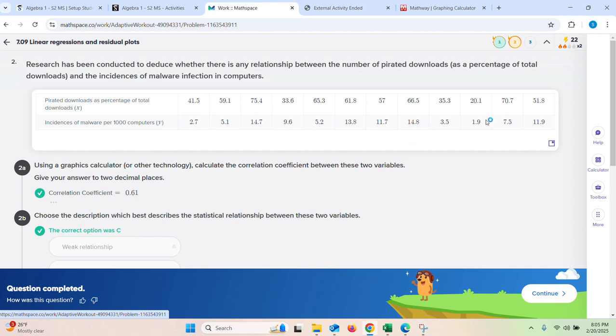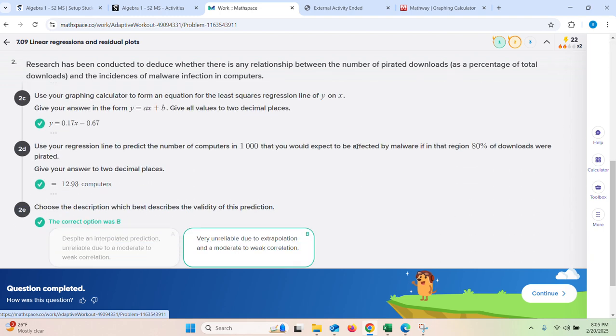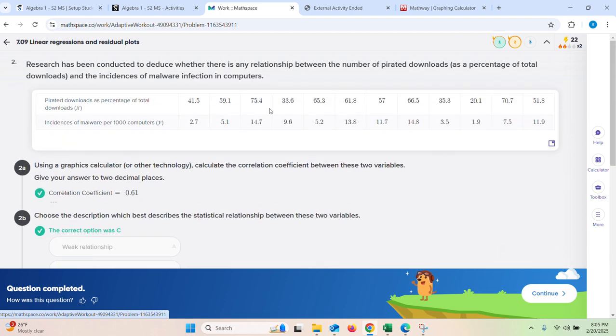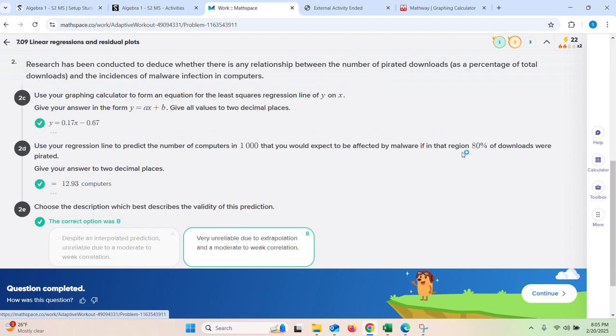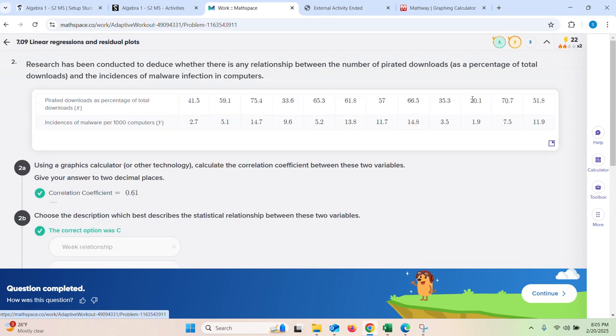I don't see anything greater than 75. They gave us the number 80, which is outside this range. Because it's not within these numbers, it's an extrapolation. If they had given us 65, that's in this range, so that would have been an interpolation.